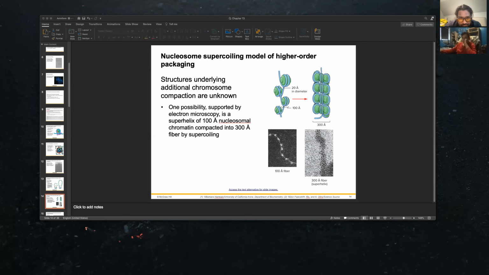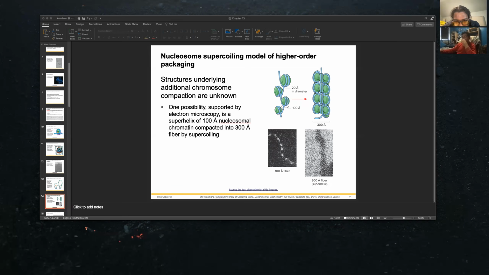I guess the structures underlying that are unknown. One of the possibilities supported by electron microscopy is a superhelix of 100 angstrom nucleosomal chromatin compacted into a 300 angstrom fiber by supercoiling.